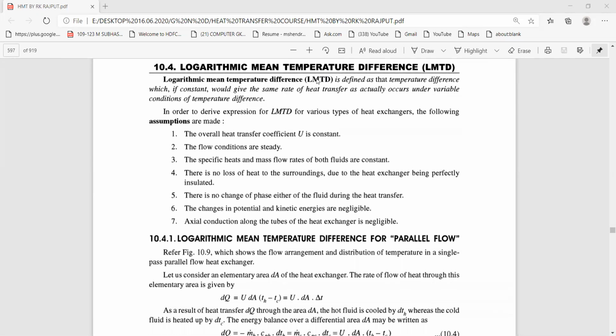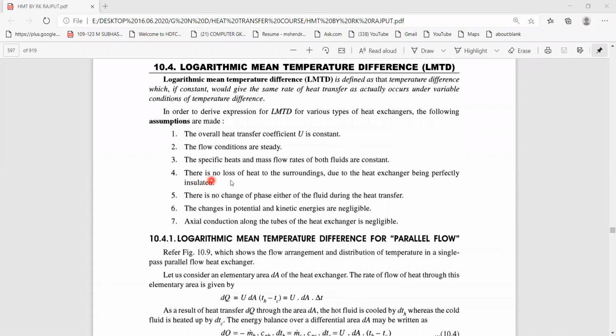The first important assumption is the overall heat transfer coefficient U is constant. The second is the flow conditions are steady. Third, the specific heats and mass flow rate of both the fluids are constant.